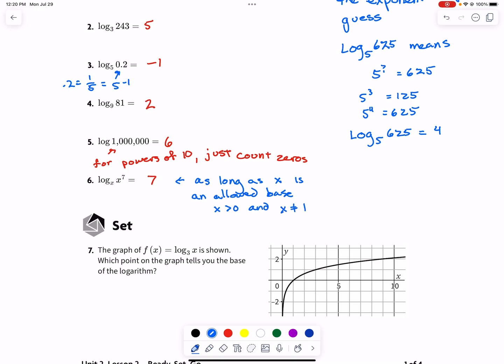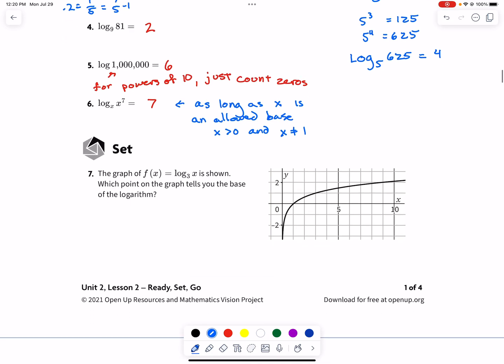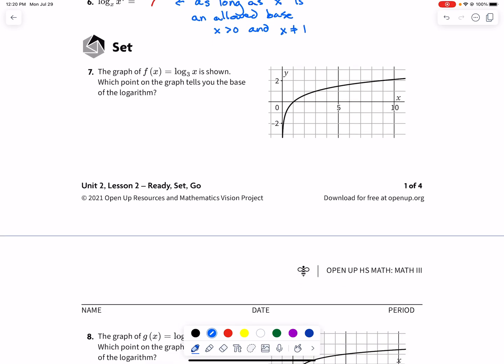We don't try and make sense of powers of negative numbers as a continuous thing, because, for instance, -1 to the 1/2, that's the square root of -1, isn't real. Log base 1 of anything doesn't make sense because 1 to all powers is always 1, so you can't get other numbers besides 1.